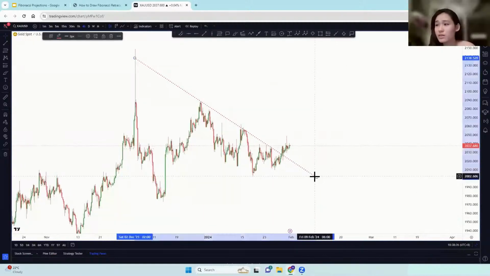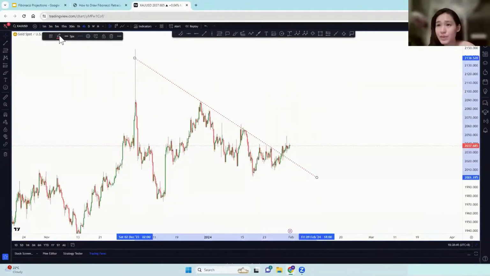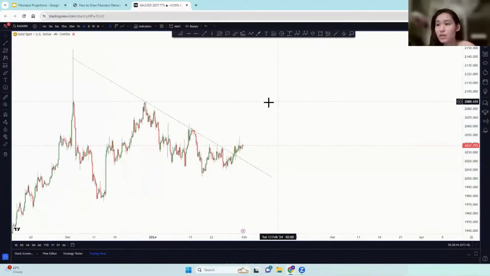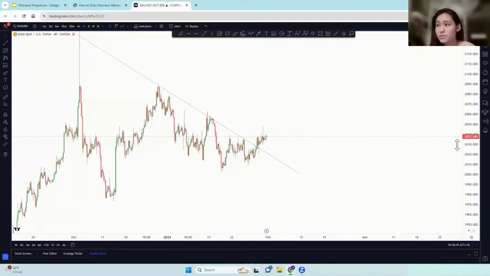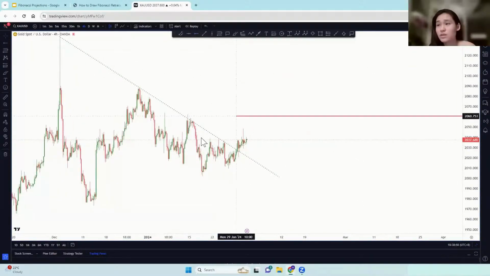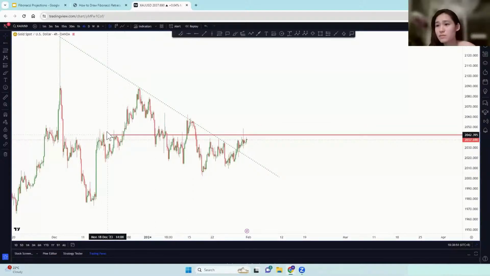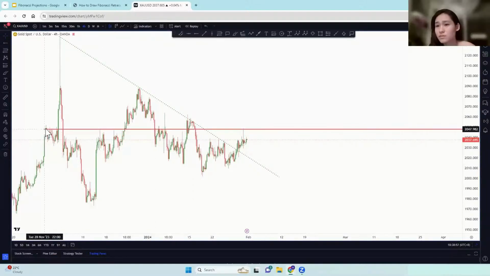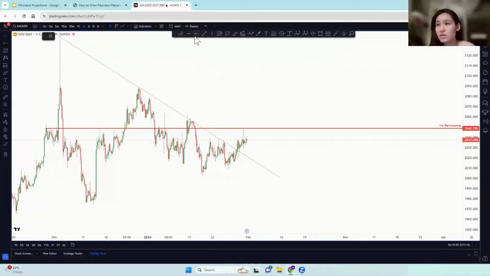So that gives us a bullish signal, especially because our daily and weekly time frames all gave us bullish signals as well. Okay, this was my first resistance, and then my second resistance is here.